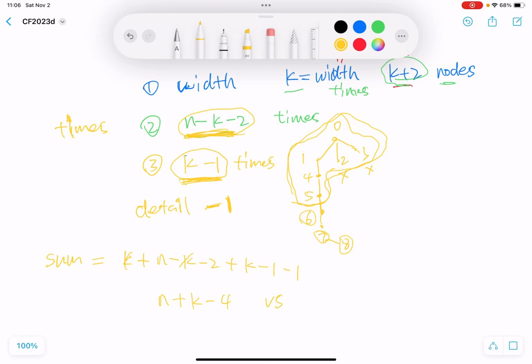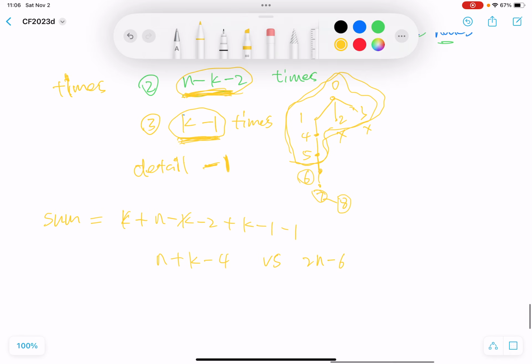The requirement of this problem is 2n minus 6. So we can erase the n, and this will be k plus 2 versus n. In this situation, we will know for the largest possible k, it can be this situation: 1, 2, 3, 4.